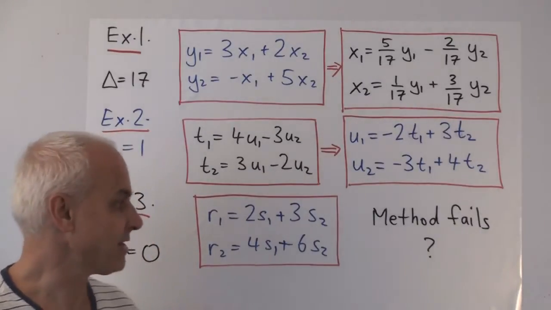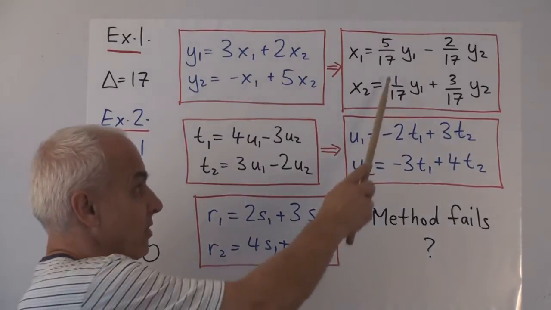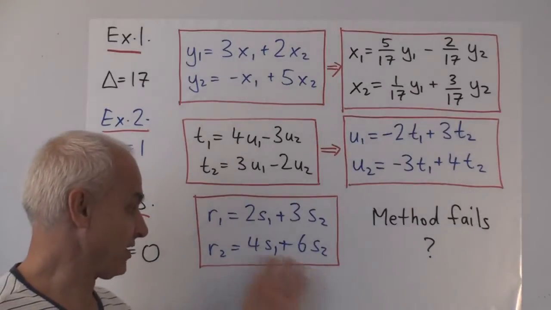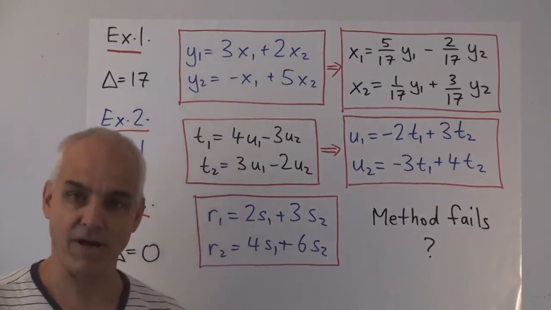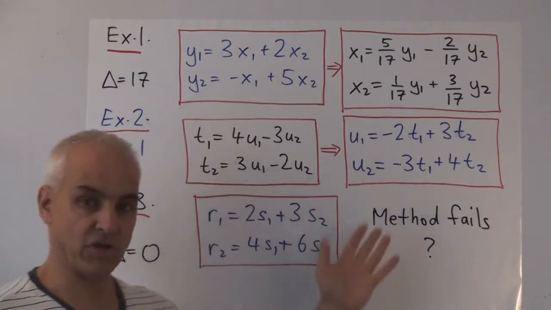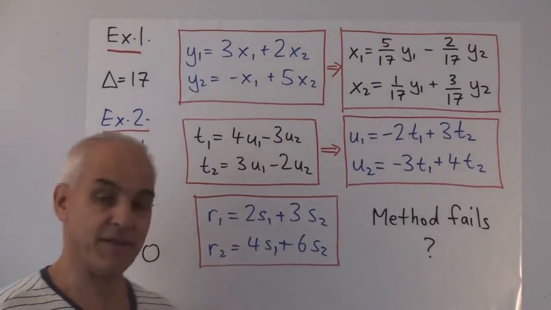That's a special case. And our method fails in that case because the denominator would be 0, which is not allowed. So our method fails and we do not know how to invert and find s1 and s2 in terms of r1 and r2. Now let's have a look at some geometrical interpretation of what's going on here that will help us interpret what's going on in this latter case.